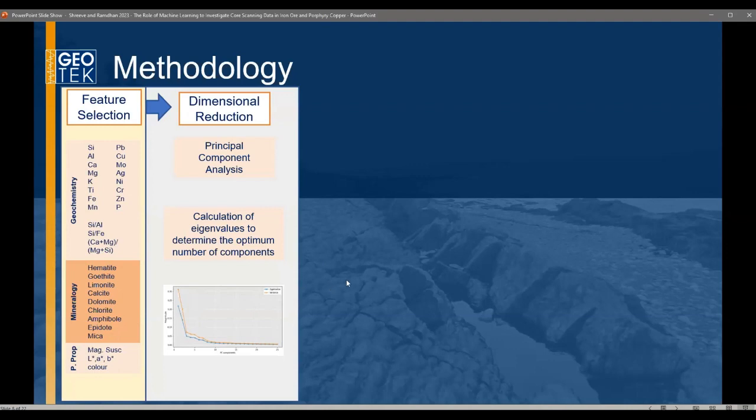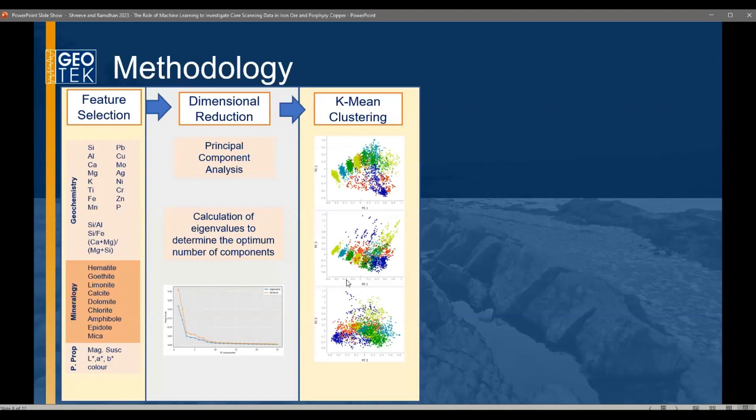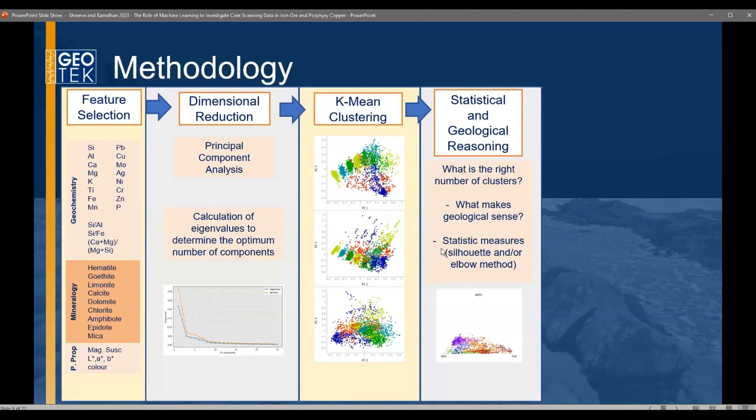In this case, we've used 3 components, and we go through a clustering exercise. This clustering exercise groups the data, so where they have similar chemistry, mineralogy, and properties, they separate out into a series of groups or clusters. And the next stage is then to go back through this reasoning section as well, because this so far is just mathematics.